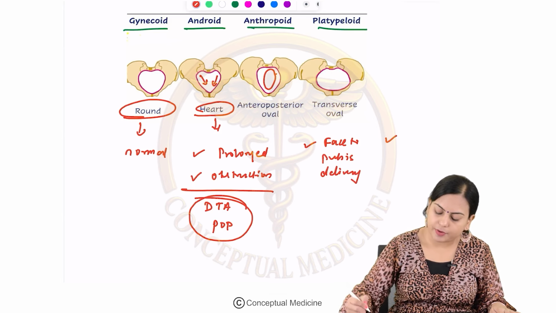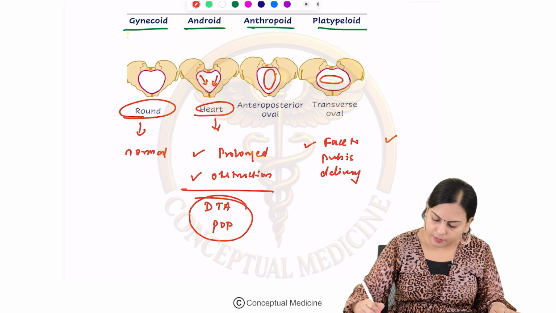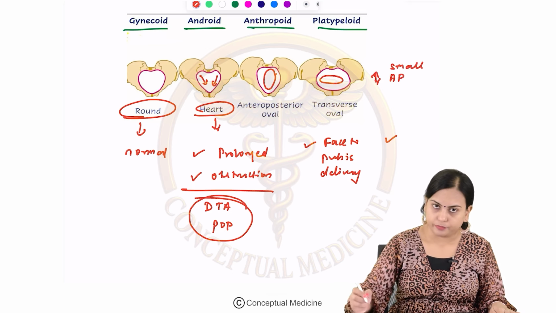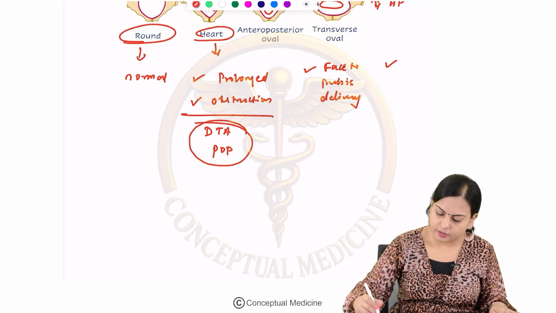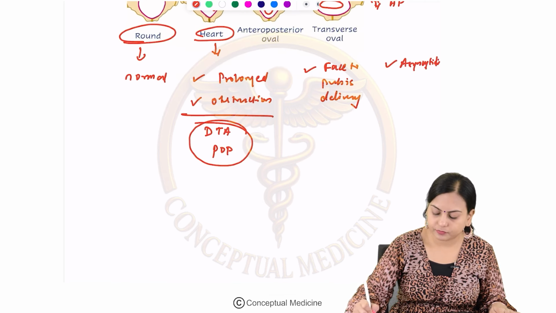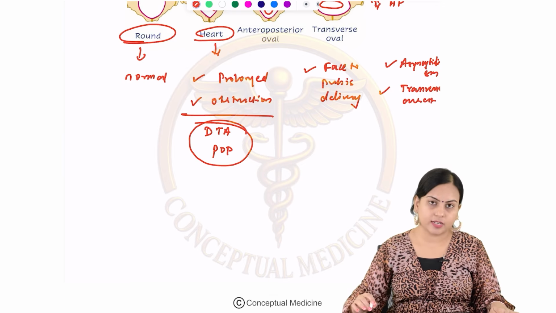And the 4th type of pelvis is the transversely oval pelvis. You are able to see this, it is transversely oval. That means it has a small anteroposterior diameter, okay. Here there can be chances of asynclitism and there can be chances of transverse arrest also, clear?